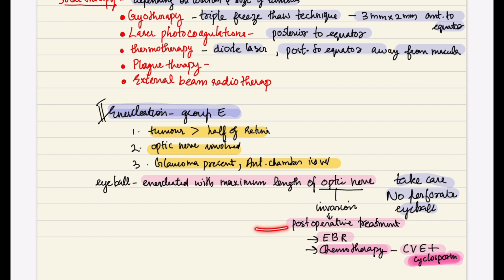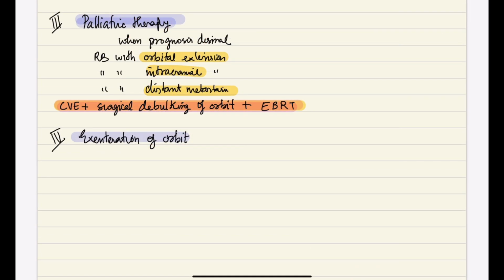After this, post-operative treatment should be given: EBRT, that is external beam radiotherapy, and chemotherapy, that is CVE, plus cyclosporin should be added. Then we have palliative therapy, in which the prognosis is dismal.